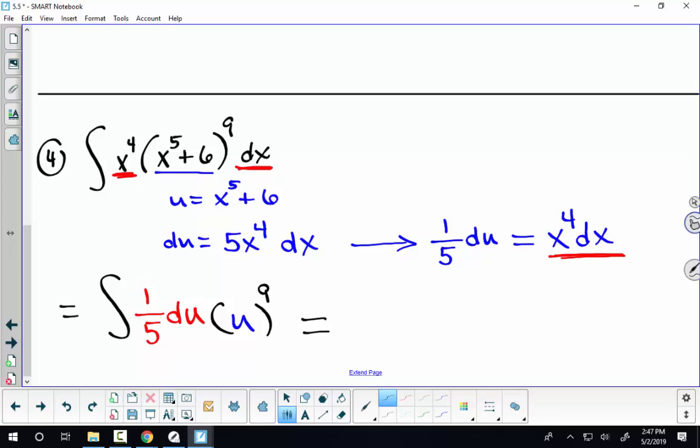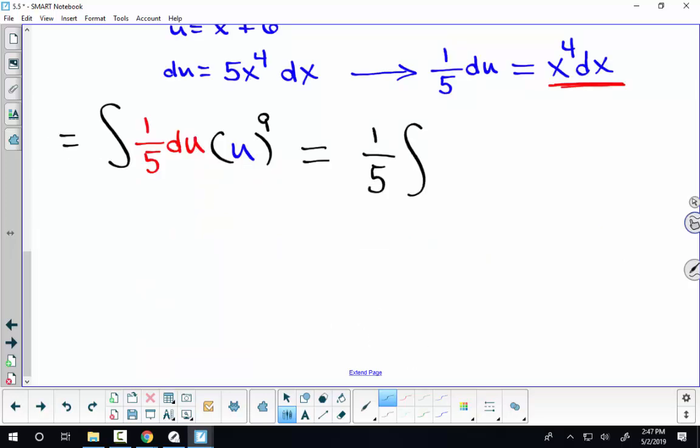All right, so we're going to take the 1/5 out of the integral. And then we're just integrating u to the ninth with respect to u, and then multiplying it by our constant 1/5. So we have u to the 10 over 10 times the 1/5.